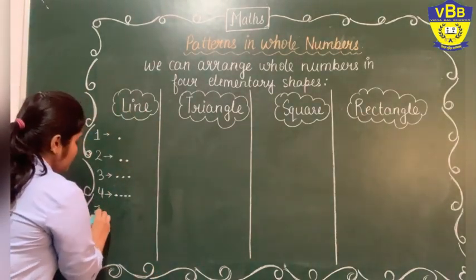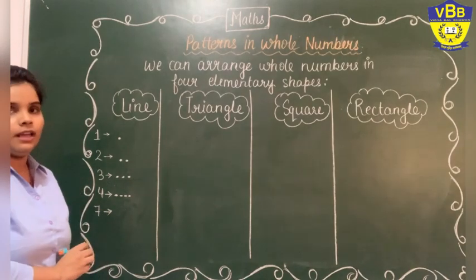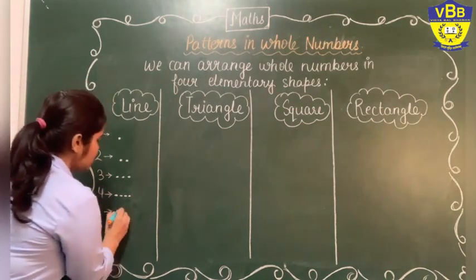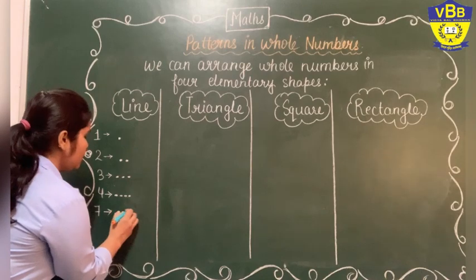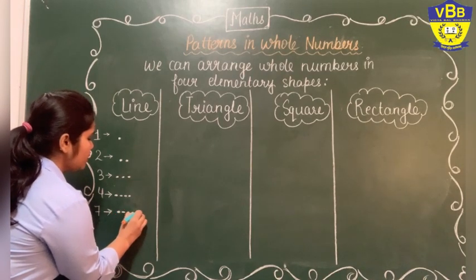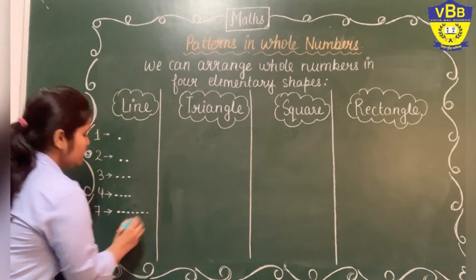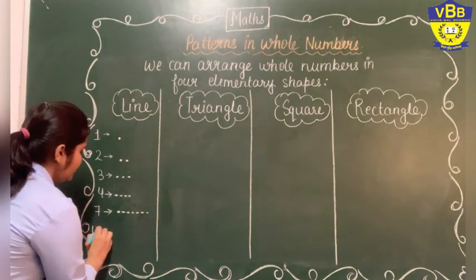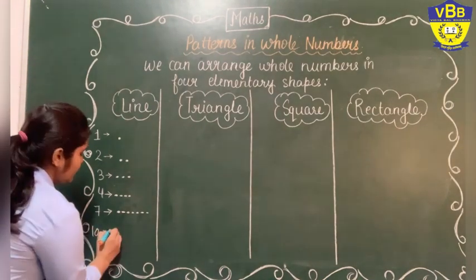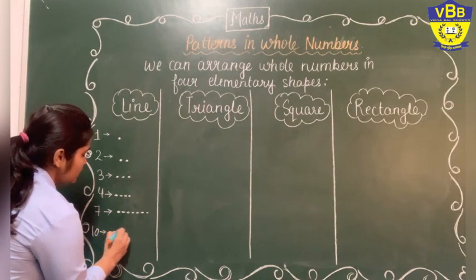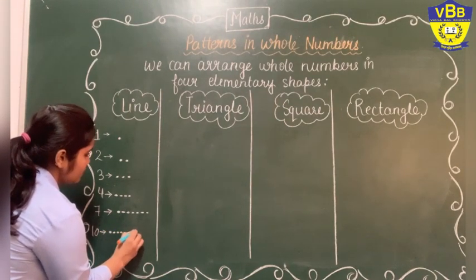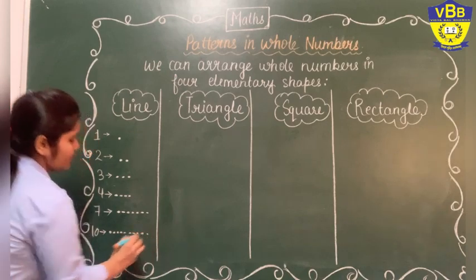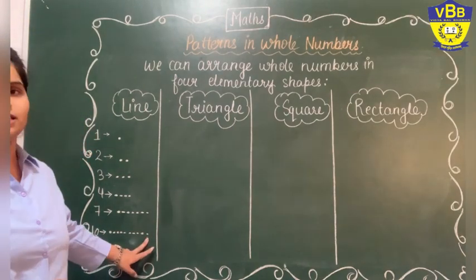Suppose 7 is a whole number and you can make 7 dots in a sequence in a line: 1, 2, 3, 4, 5, 6, 7. So it is forming a line. If I am talking about 10, make 10 dots: 1, 2, 3, 4, 5, 6, 7, 8, 9, 10, in a single line.